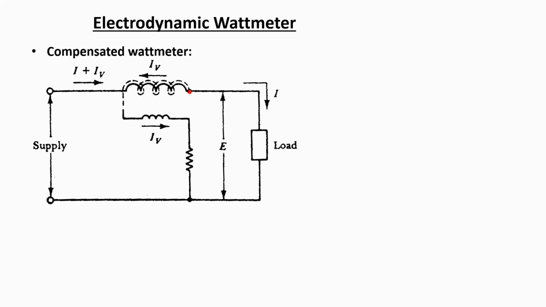But in case of the compensated wattmeters, this extra winding shown as the dotted lines is done by thin conductor, as the purpose is just to mitigate the source of error, and also this thin winding is not going to carry the load current. It is going to carry the current that is going to pass through the moving coil, and the moving coil normally carries a small amount of current compared to the load current.